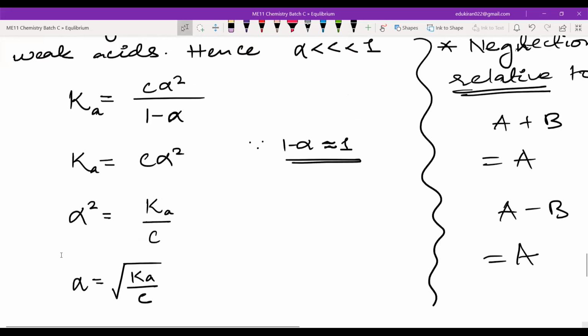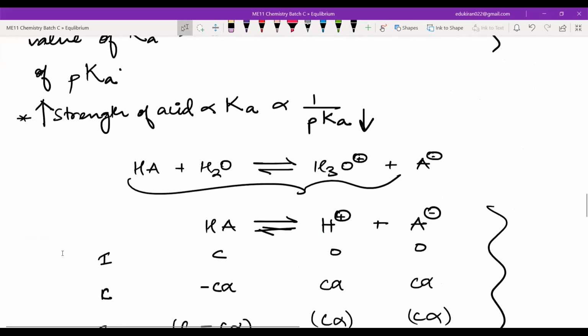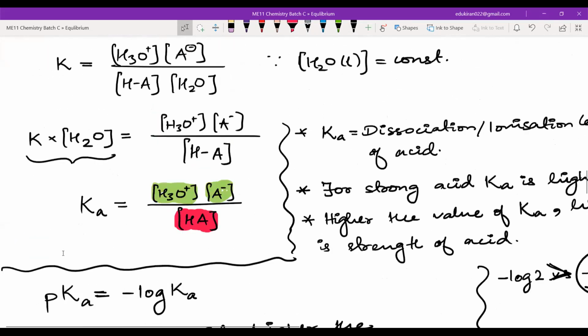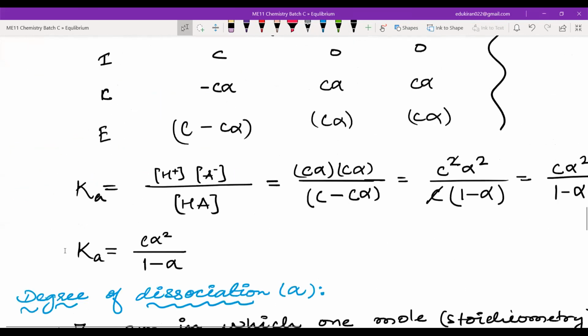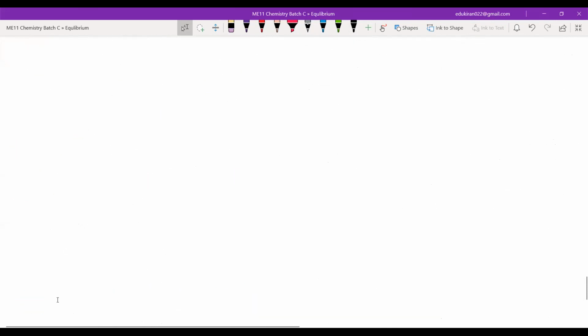Now I think I can write all of these things without much explanation for the base also. Addition of base in water. I will ask you guys a few things, then you can start telling me.